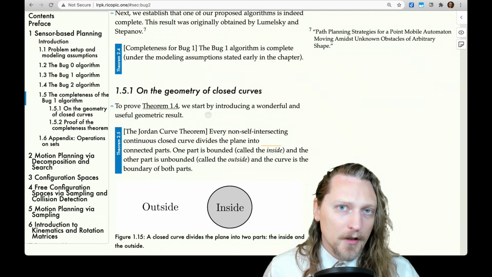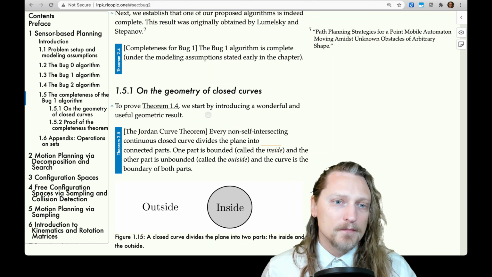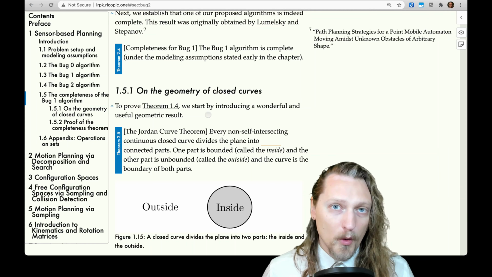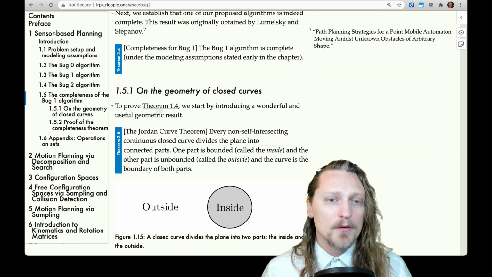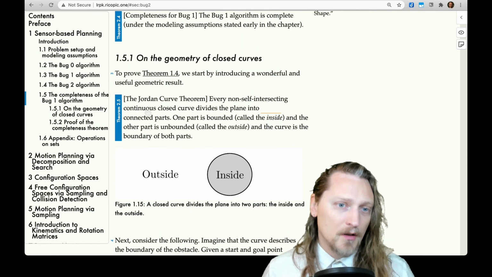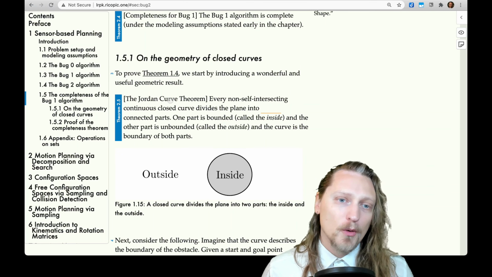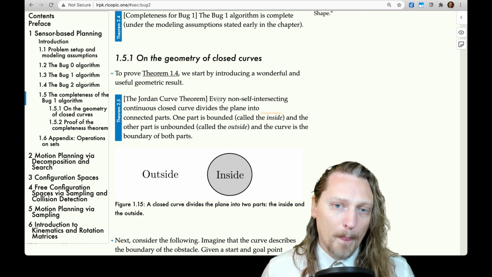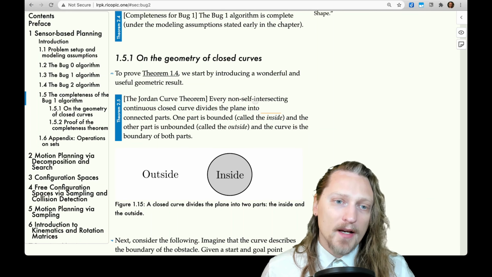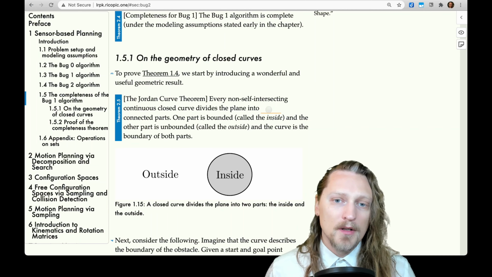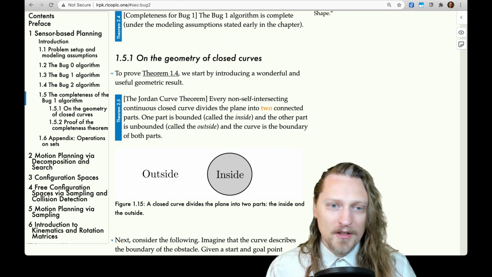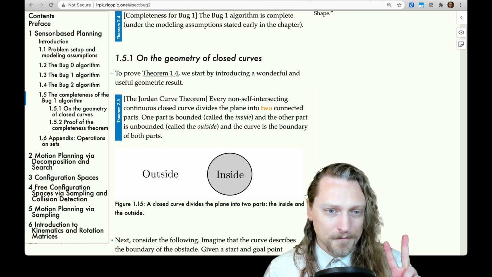On the geometry of closed curves. To prove Theorem 2.4, we start by introducing a wonderful and useful geometric result. Theorem 2.5, the Jordan curve theorem. Every non-self-intersecting continuous closed curve divides the plane into 2 connected parts, okay?